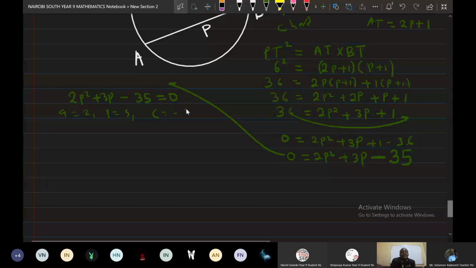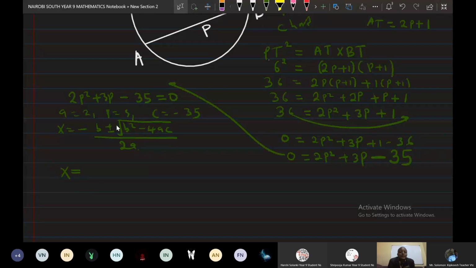In every exam, mostly the finals, you are given the formula sheet and the quadratic formula is there: x equals negative b plus or minus square root of b squared minus 4ac, all over 2a. That formula is always on the formula sheet, so you don't have to bother yourself a lot. So now it is a matter of substitution.